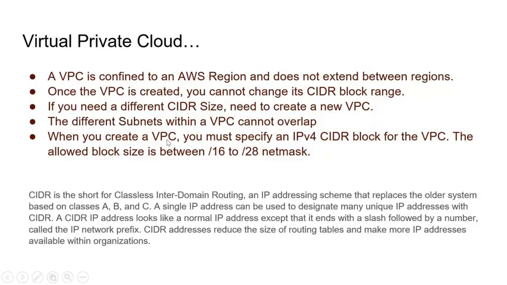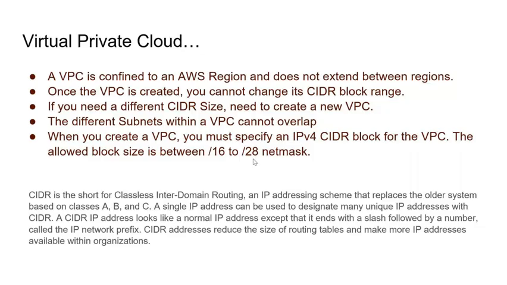The allowed block size is between /16 and /28 netmask. You must remember that whenever you are creating a subnet, the range should fall only between 16 and 28. Less than 16 you can't use, and more than 28 you can't use. What is the meaning of /28? 32 minus 28 is 4. 2 to the power of 4 means how many? 16, right?